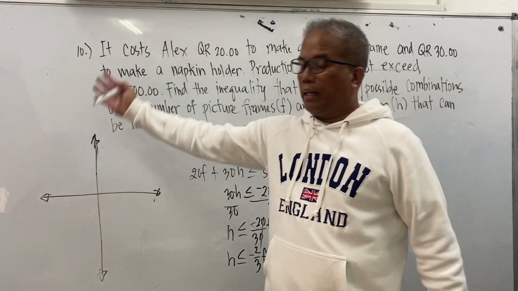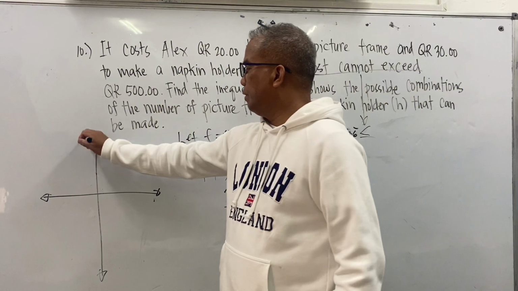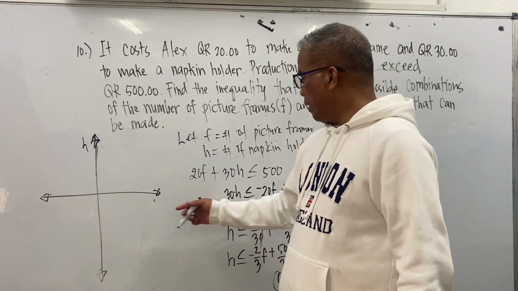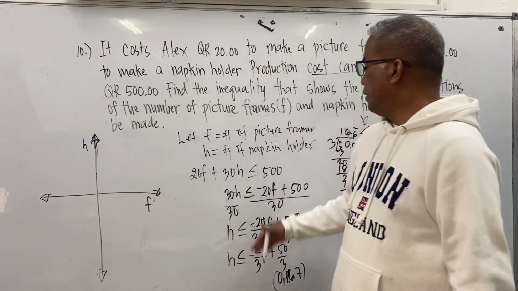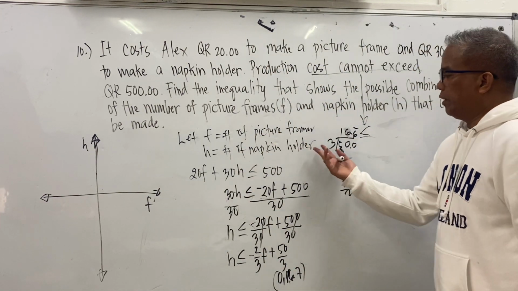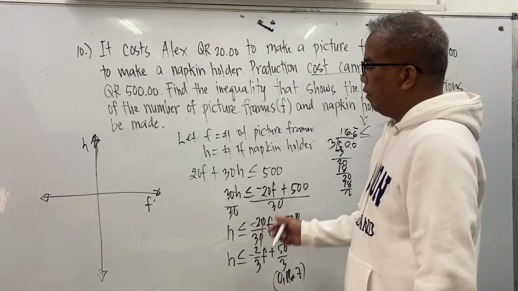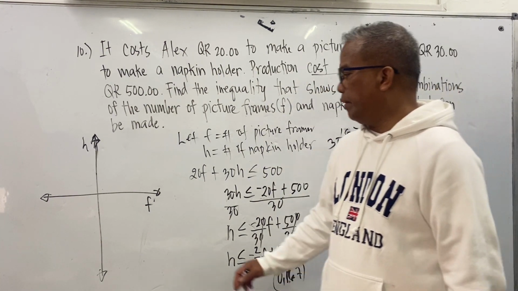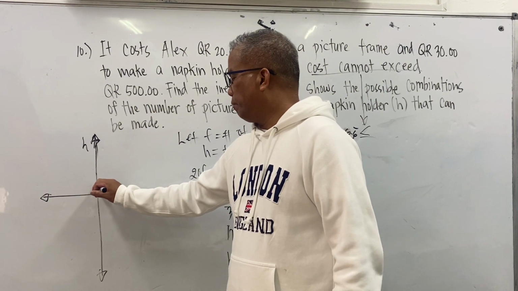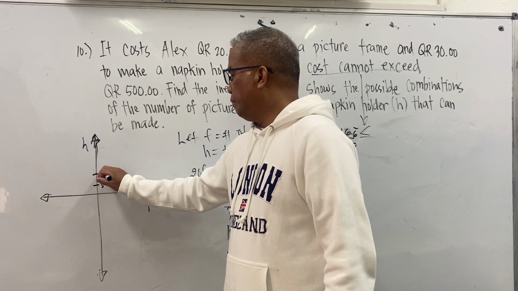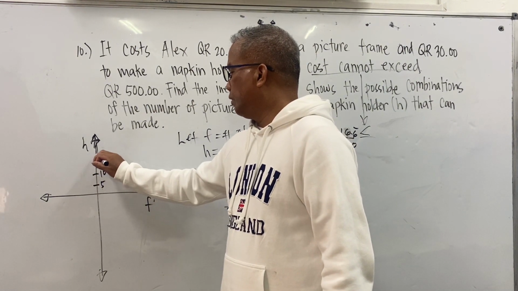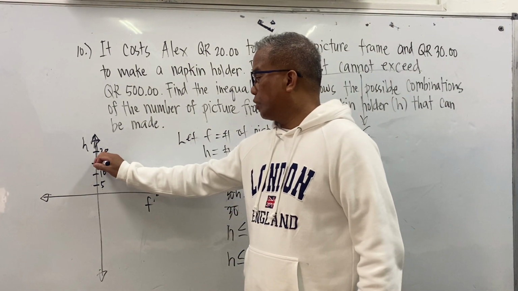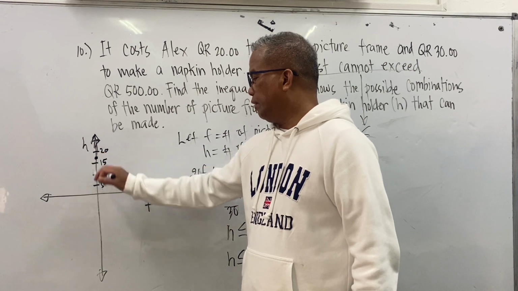So the vertical line will be our H, then the horizontal line will be our F. So number of picture frames and number of napkin holders. Now, let's start here, (0, 16.7). We can use skip counting by 5, 10, 15, 20, so 16.7 is approximately here, so 17.